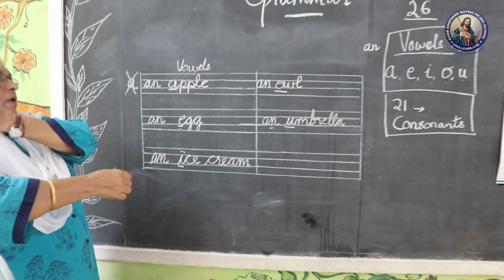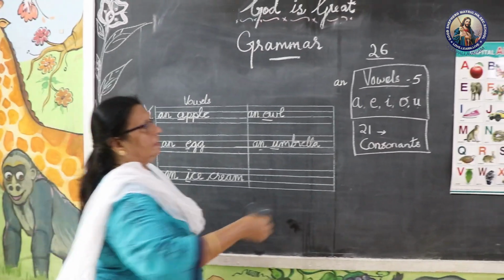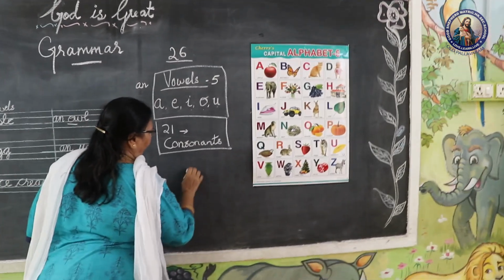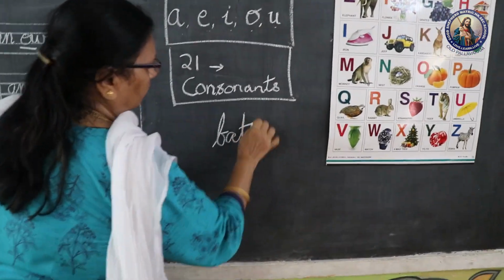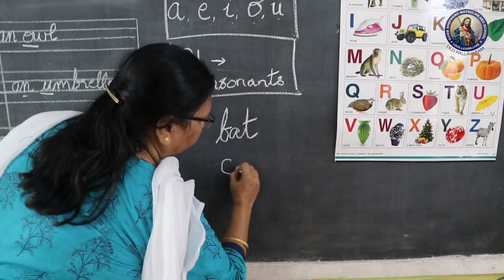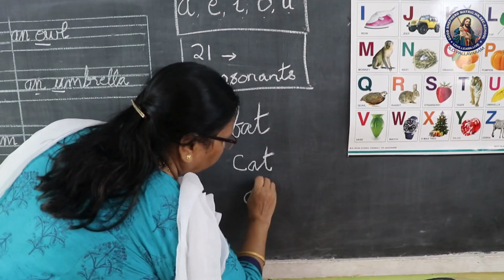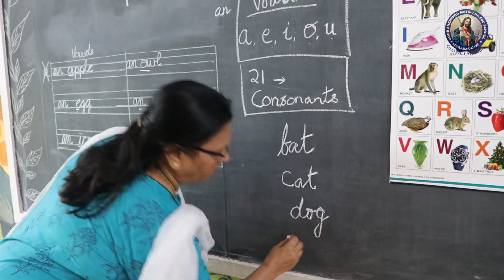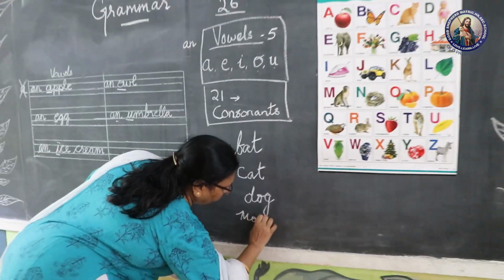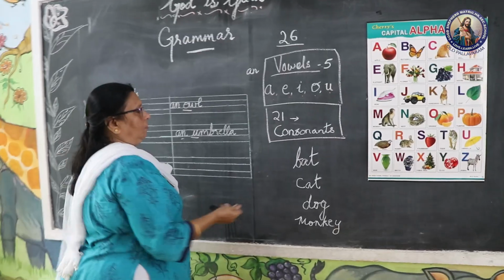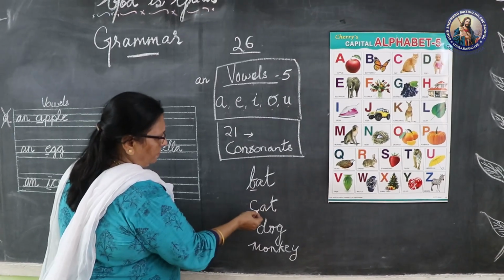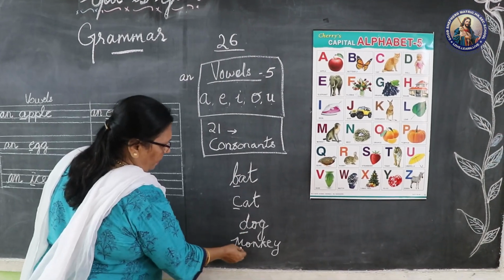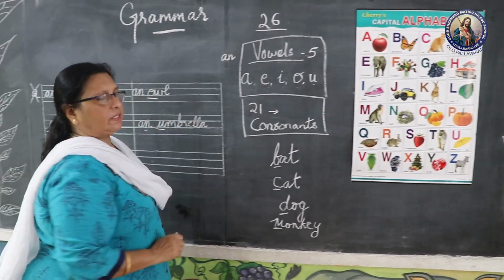Now the rest, the consonants. Let's take bat, cat, dog, and monkey. Are these B, C, D and M vowels?